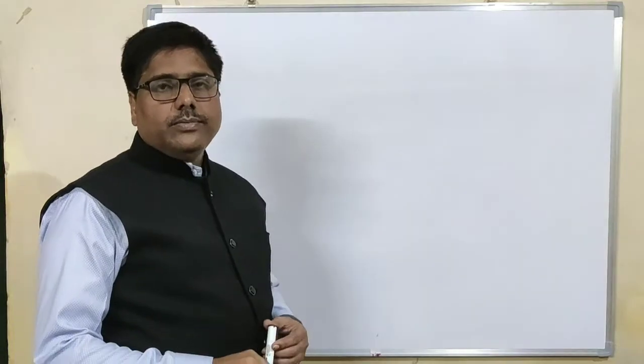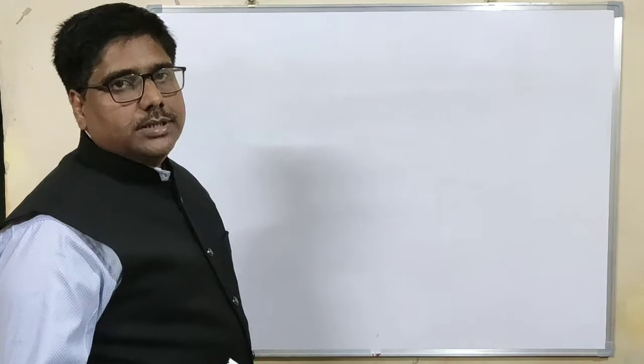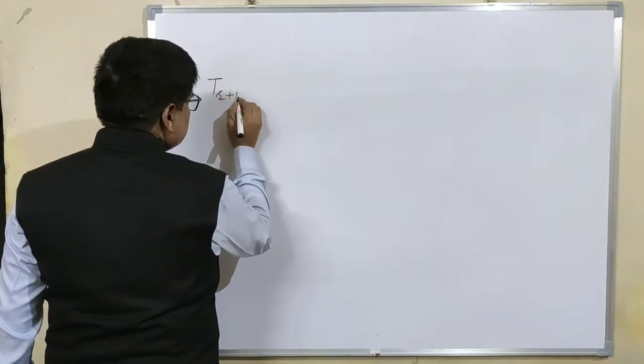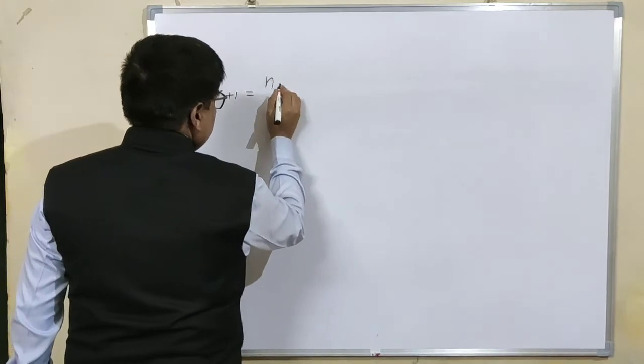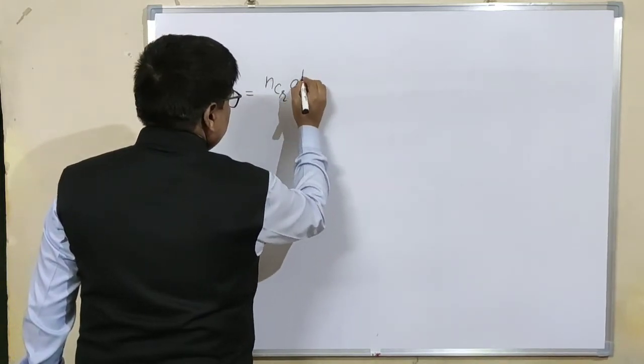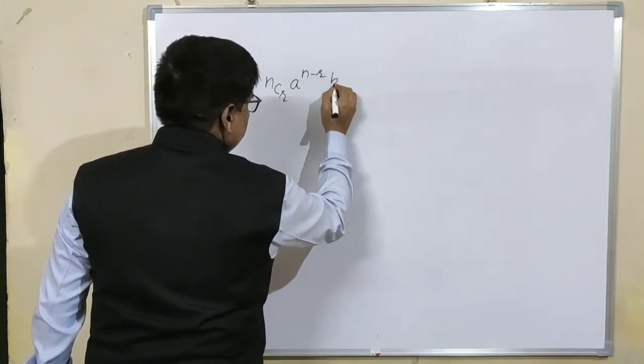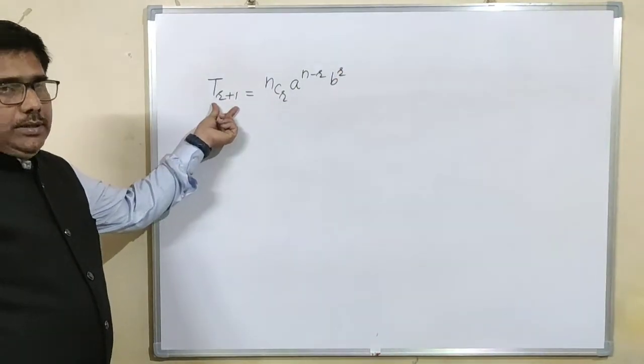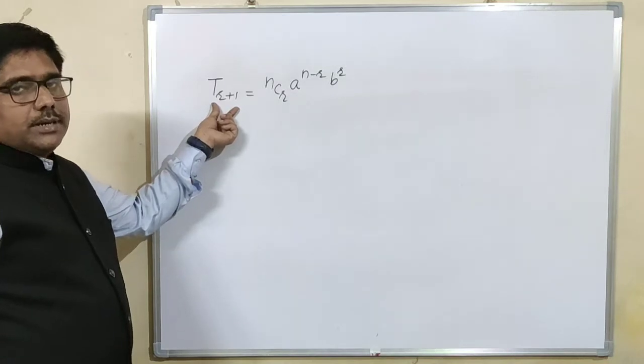That's why now the formula for the general term. The general term T(r+1) can be given as nCr a raised to n minus r b raised to r. Why is the r plus 1 term taken as the general term?